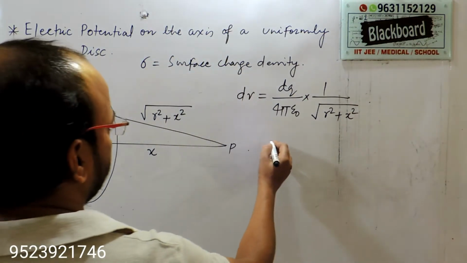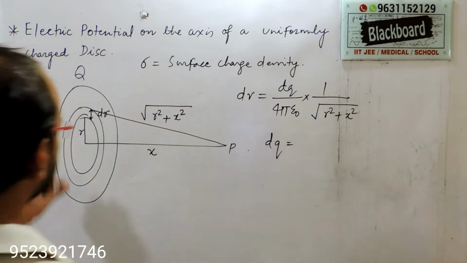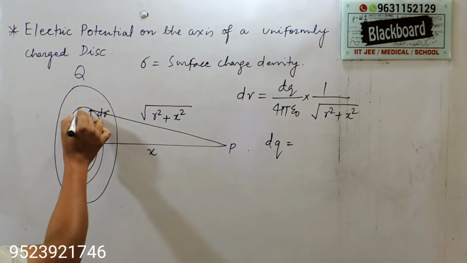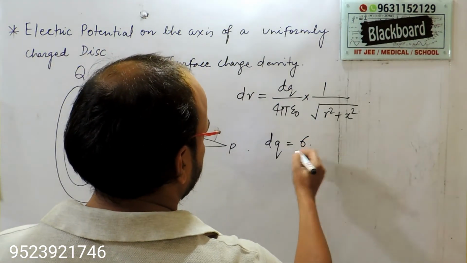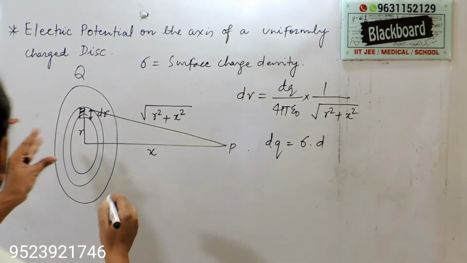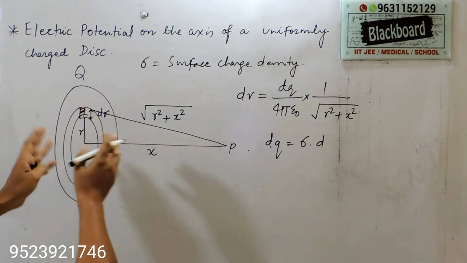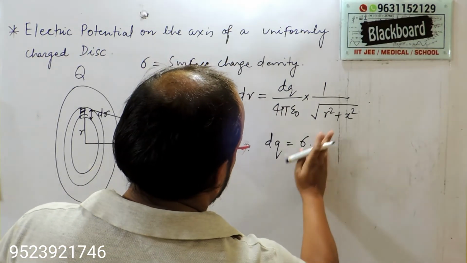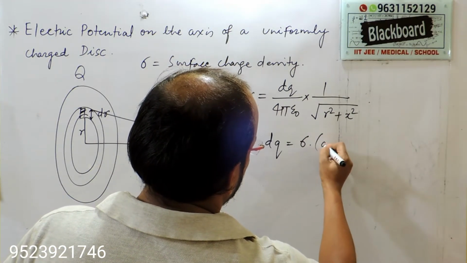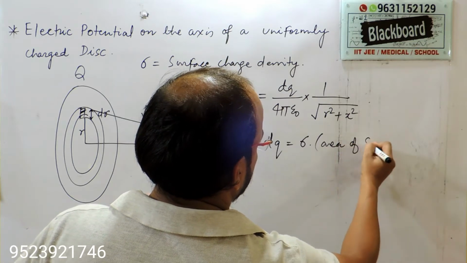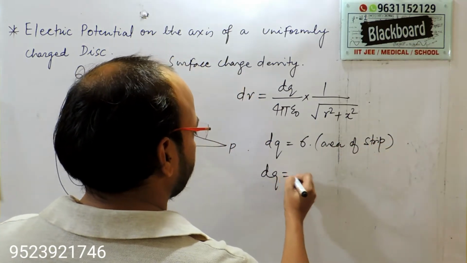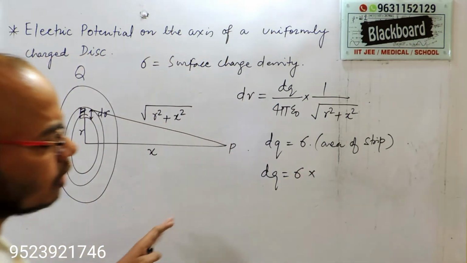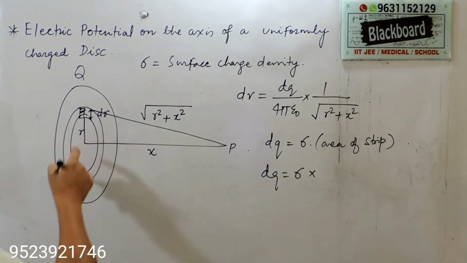And what is dq? dq is a small amount of charge here, and dq is equal to sigma into the area of this strip. That means dq is equal to sigma into area of strip, which is 2 pi r.